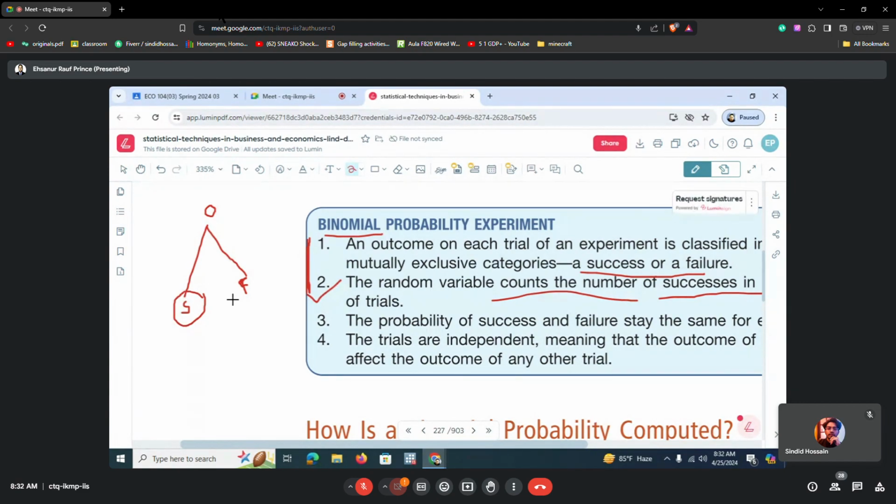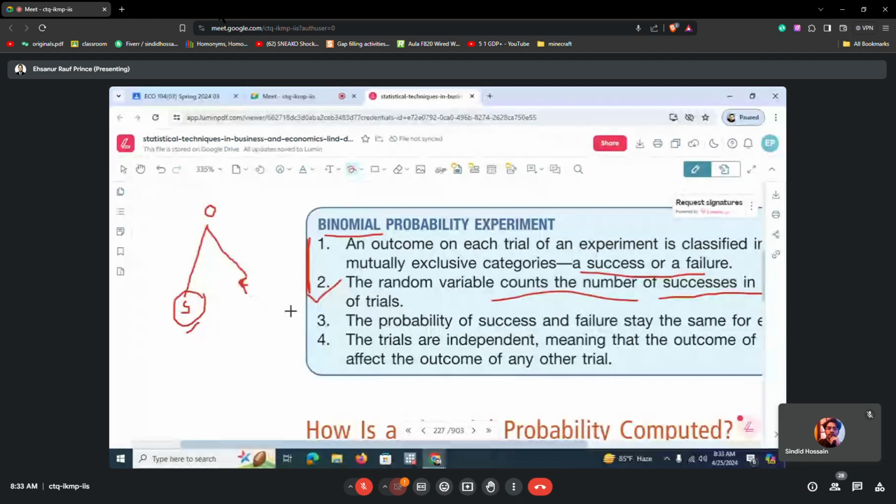In statistics, success means the thing which is your point of interest is happening. That event is happening. Failure means the thing which is your point of interest is not happening. Success or failure doesn't mean you're winning or losing something. If the event occurs, that is success, and if the event doesn't occur, that means failure in statistics.